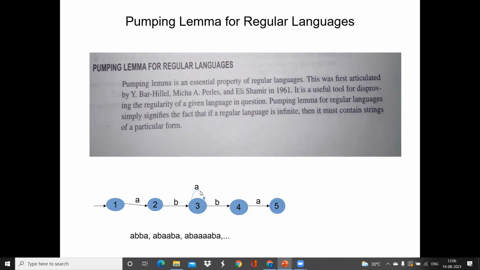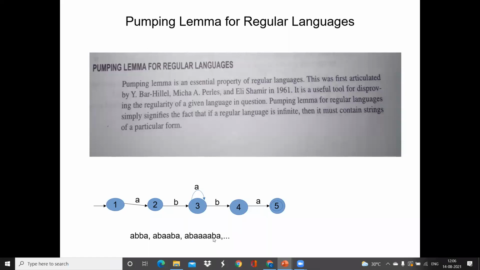But now take the example where the repetition of A is more. If you take this string, and count 1, 2, 3, 4, 5, 6, 7, 8, 8 symbols are there in this string.